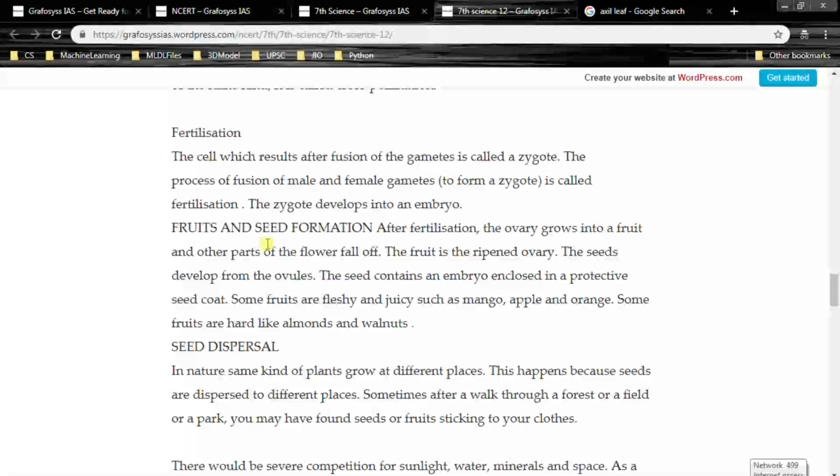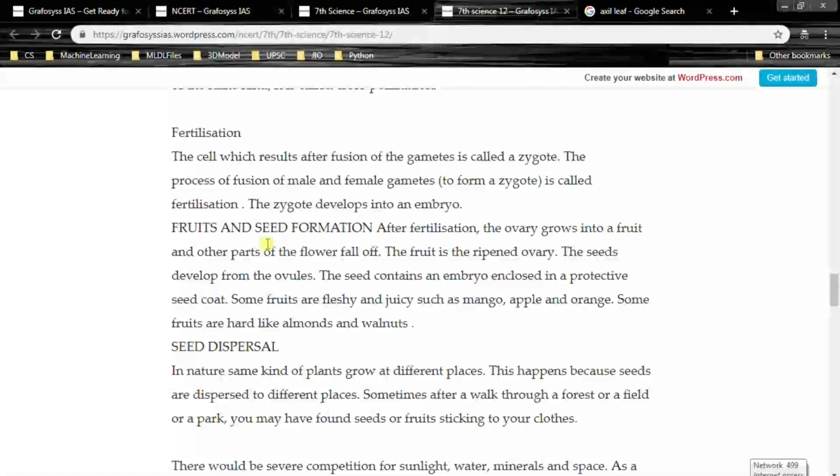And after the fruit is grown, the other parts of the flower fall off. The fruit is the ripened ovary. So try to visualize all these things. First there will be a flower and there will be gametes, and these fuse, and the cell which we get is the zygote, and the process is called fertilization.